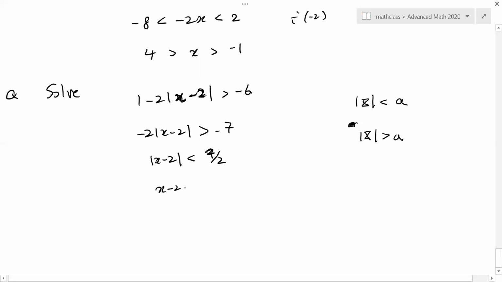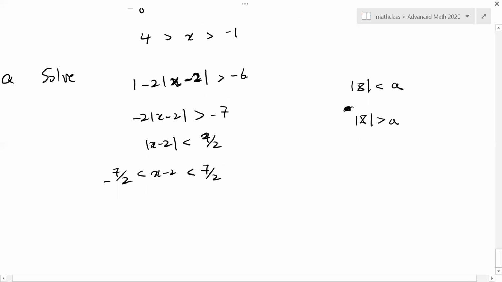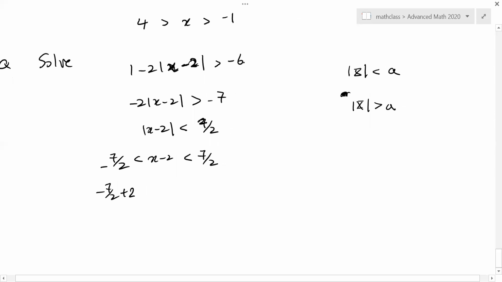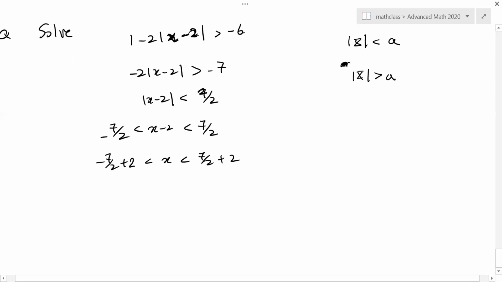Then you can remove the absolute value symbol. Then you move 2 to both sides. Then you solve the problem. The left-hand side will be -3/2, and the right-hand side will be 11/2.